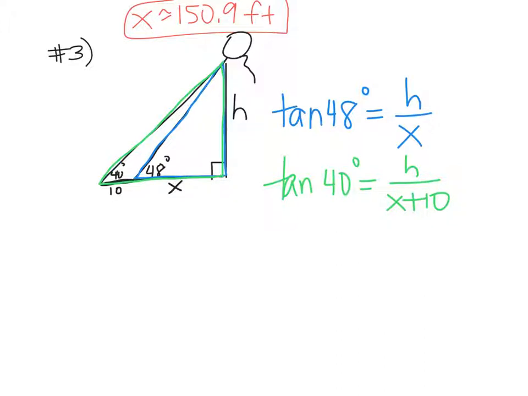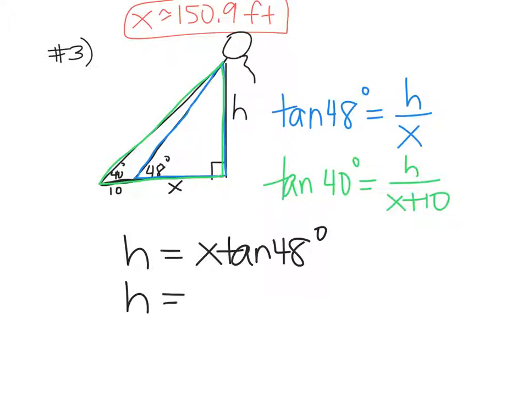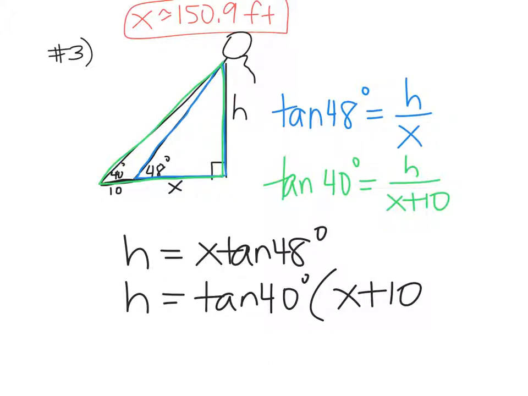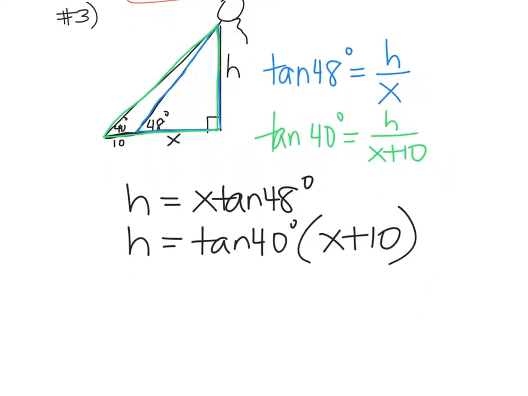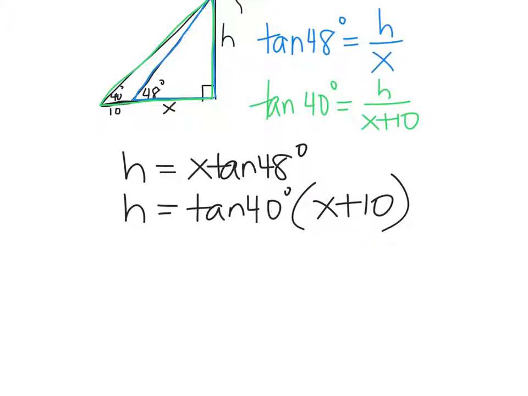Okay? So this one, h is equal to x tangent of 48 degrees. And over here, h is equal to tangent of 40 degrees times x plus 10. Okay? And now we can just set them equal to each other.